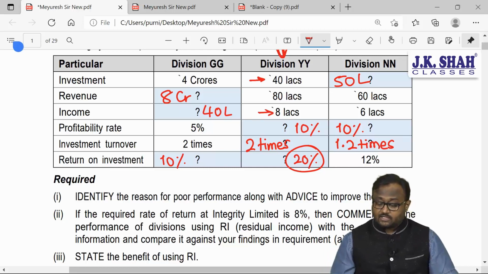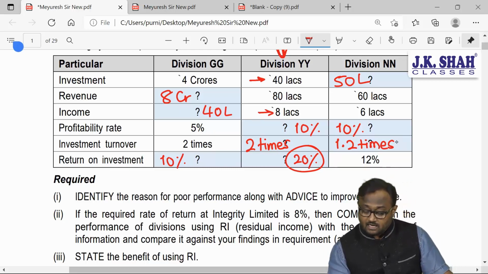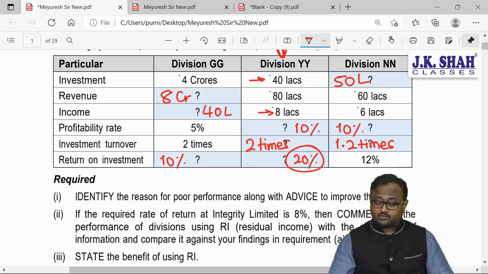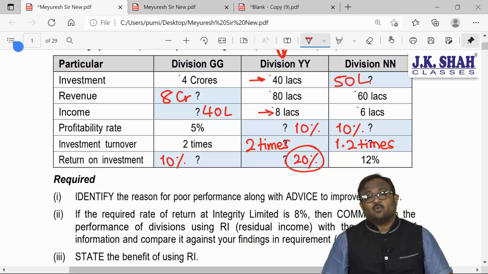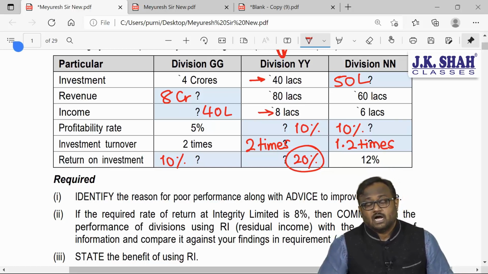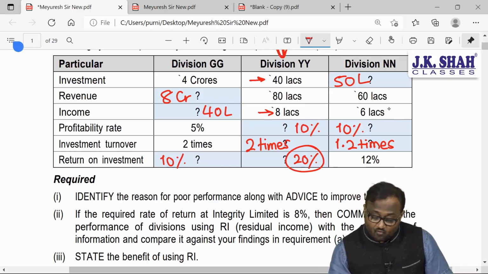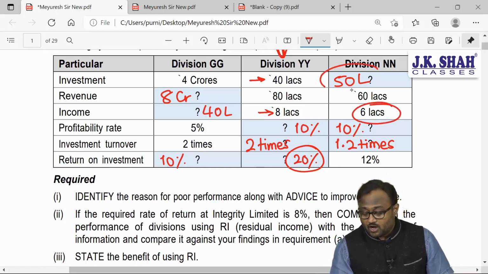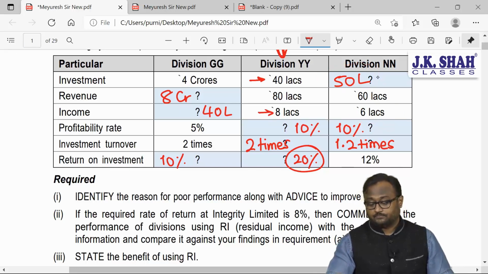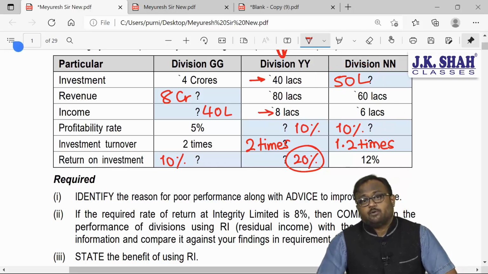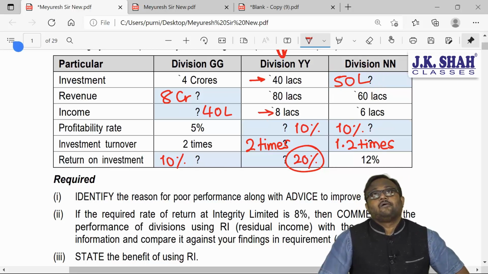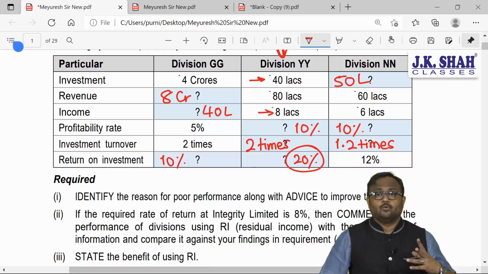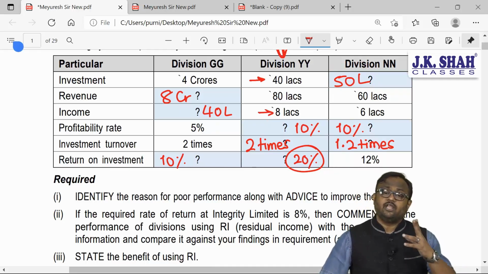As far as NN is concerned, NN has a poor investment turnover ratio, guys. It is 1.2 times. That means either you are earning very less or you have invested too much. So if it is possible, try to minimize your investment, try to trim your investment.